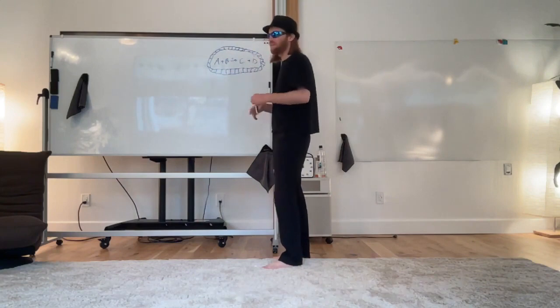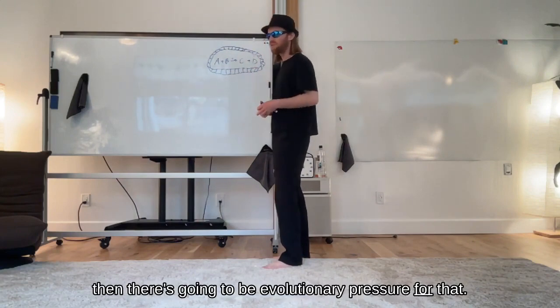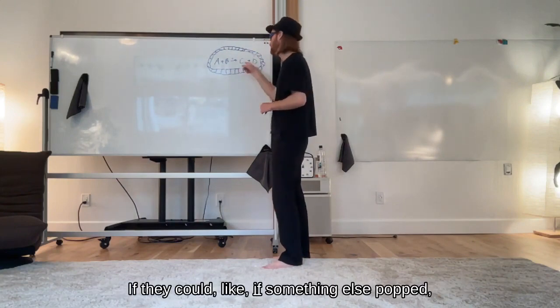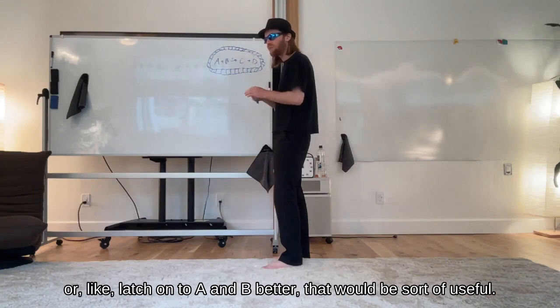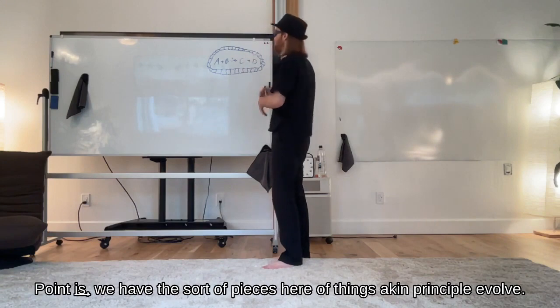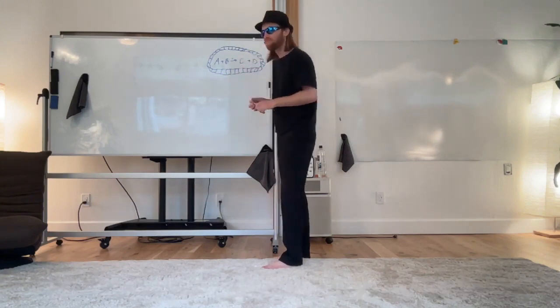There's going to be evolutionary pressure for that. Or a version of C that tends to attract more A and B, or latch onto A and B better. That would be useful. Point is, we have the pieces of a thing that can in principle evolve.